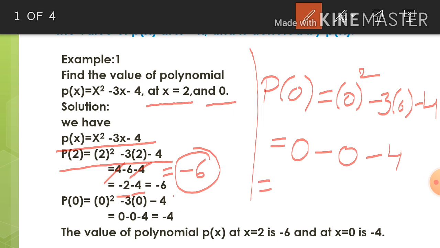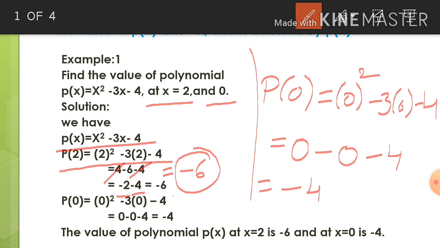So the final result is minus 4. So what do we say about this minus 4? Minus 4 is the value of the polynomial at x equal to 0 for the polynomial p of x equal to x square minus 3x minus 4. This is how we find the value of a polynomial.